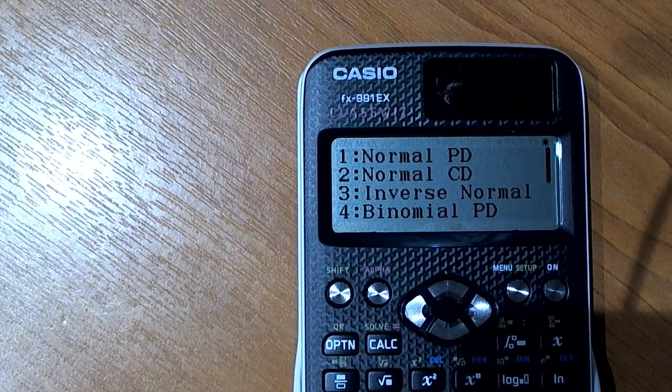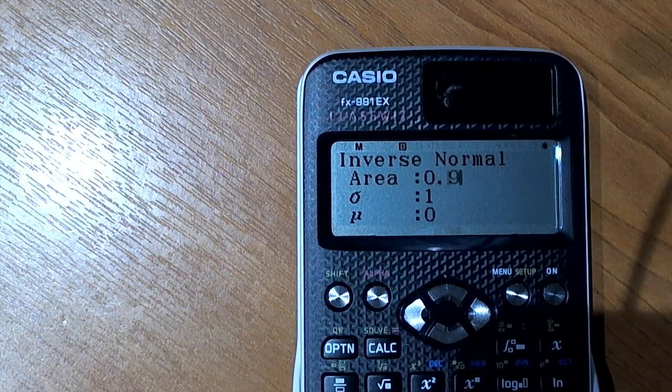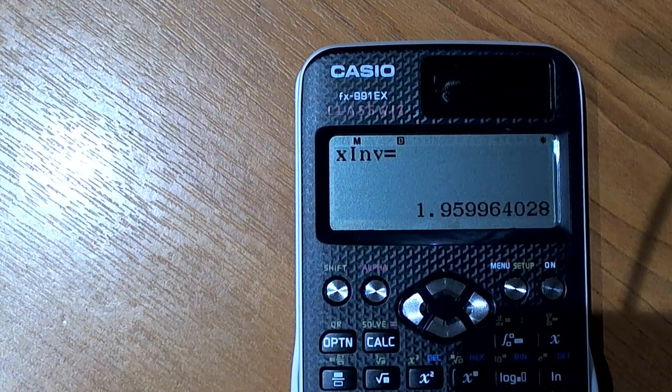And this time it's the inverse normal that we want to use. I know that the area under the curve was that p-value of 0.975. So 0.975, press equals, and this is for the standard distribution, so I've got sigma is 1 and mu is 0. That gives a value of 1.95996, and that is our Z value.